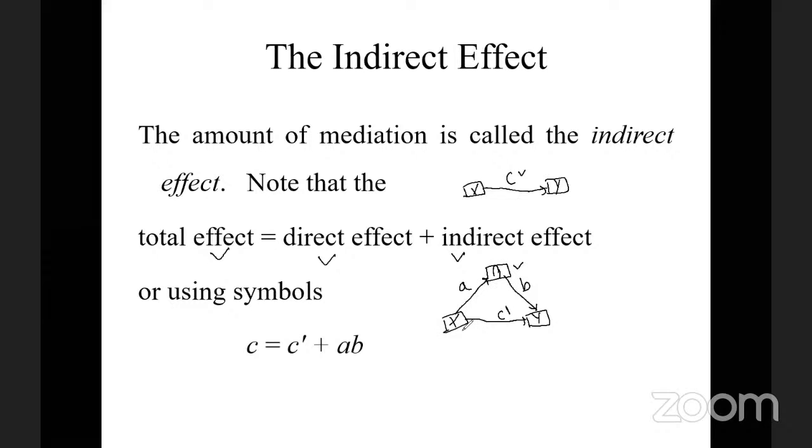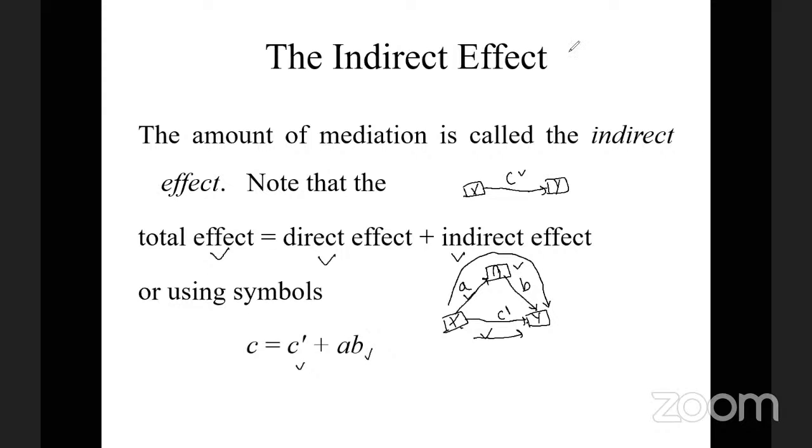The total effect has a direct relationship between x and y, and an indirect relationship between x and y through the mediator. So the total effect will be the direct effect plus the indirect effect. The direct effect is C dash, and the indirect effect is AB.